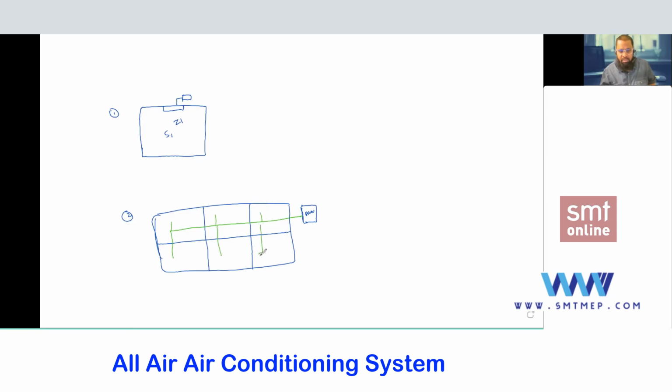These are the branches and say diffusers. So how many spaces in this case? 1, 2, 3, 4, 5, 6. So spaces are 6. In the first case, space is one number only and zone also 1. Here number of spaces is 6, but number of zone is 1. Only 1. Why? Because only one controlling through this thermostat. Na?